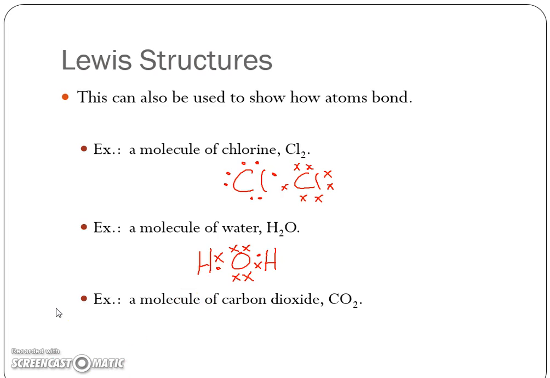The last one, CO2. So if I put carbon here, carbon with its 4, and then I've got an oxygen with 6, an oxygen with 6. Well, you can see it's definitely going to form one bond, definitely going to form a second bond, and then they both still have this one pair left over.